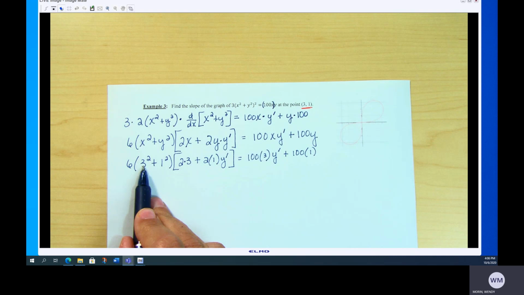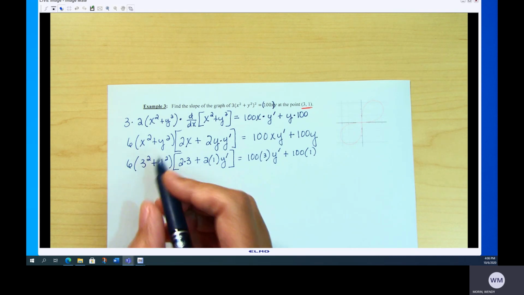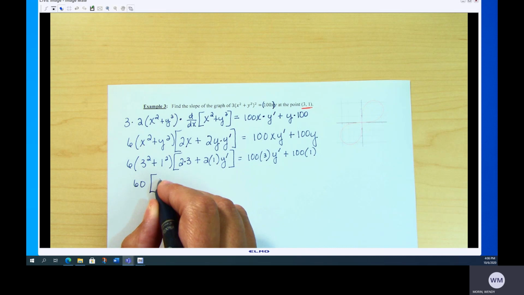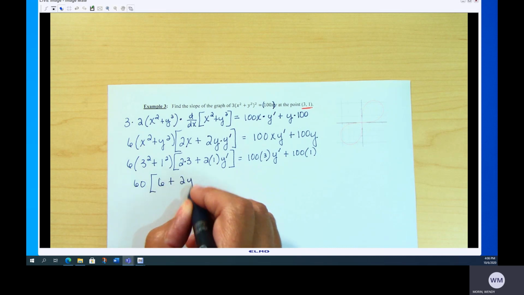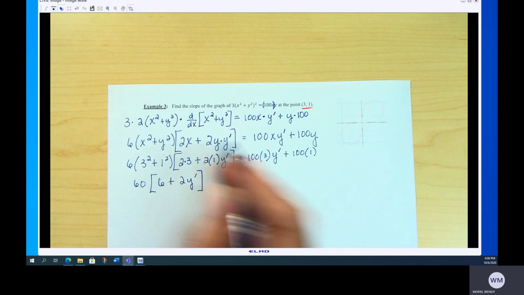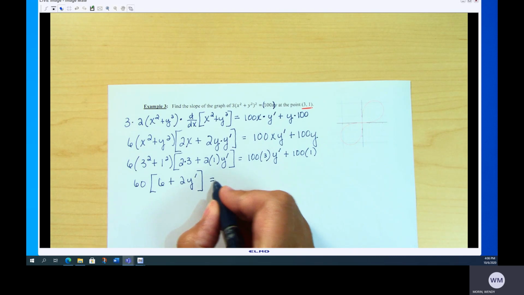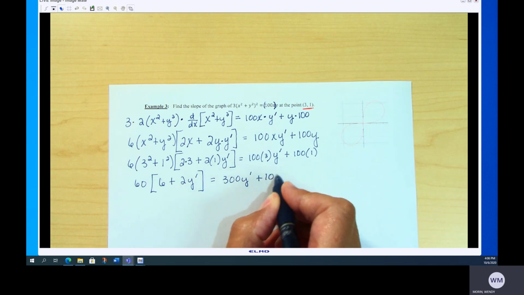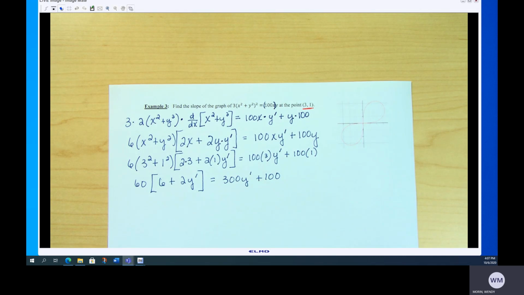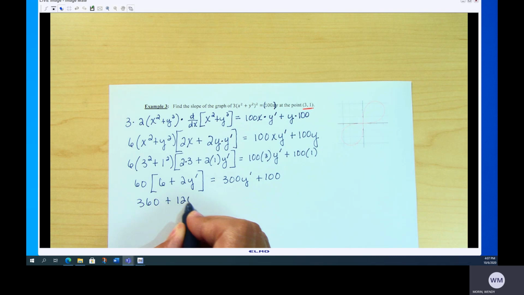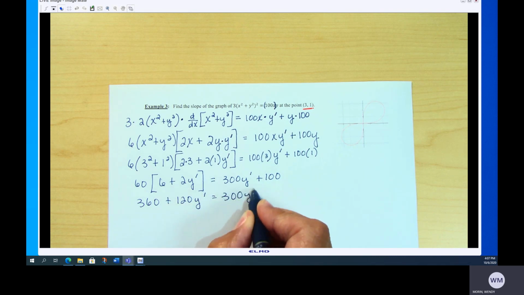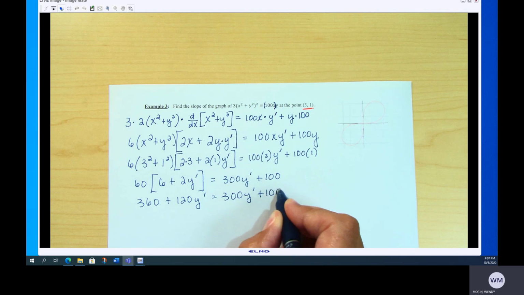Okay, so this is 9 plus 1, which is 10, so that's 60 times 6 plus 2y prime. And again, you can use parentheses. I don't know why I'm using brackets. 300 y prime plus 100. Okay, so that's 360 plus 120 y prime equals 300 y prime plus 100.